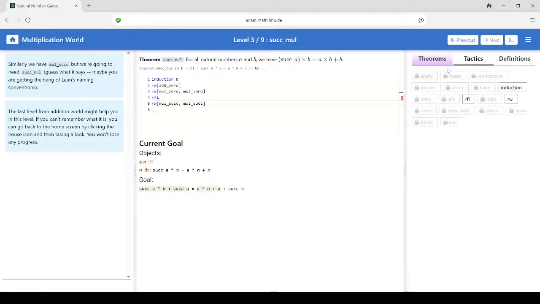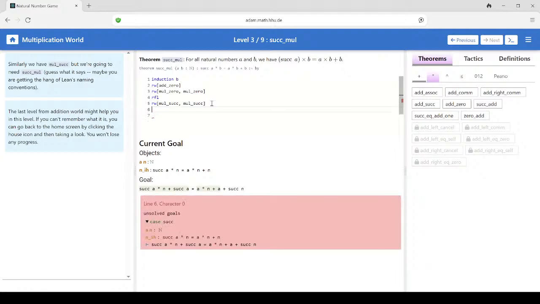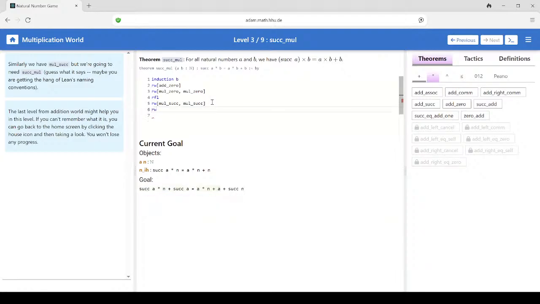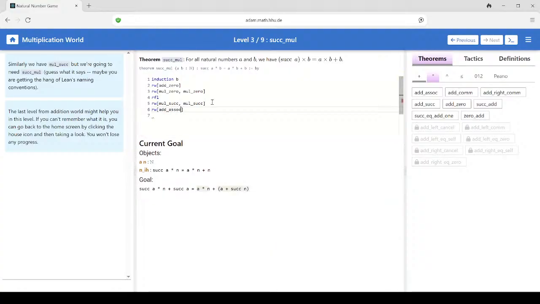Oh. What next? I can use the associative. What did that change? Oh, that put these in parentheses.